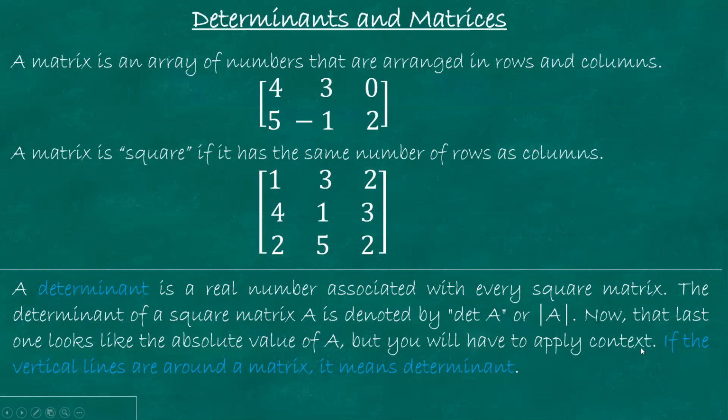It depends on where it is used. If it is a plain topic, it is absolute value. But if the vertical lines are around the matrix, it means determinant. So if the problem is about matrices, it is determinant, but if not, absolute value.